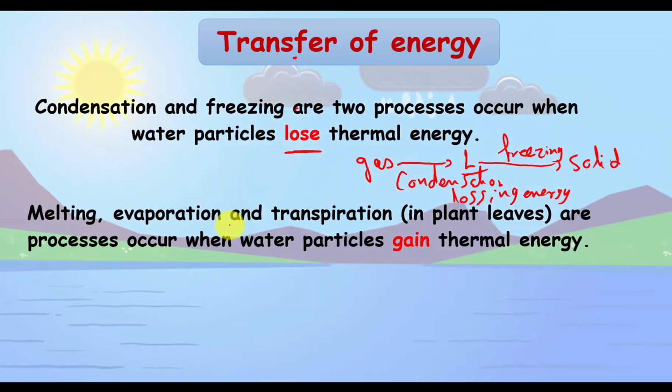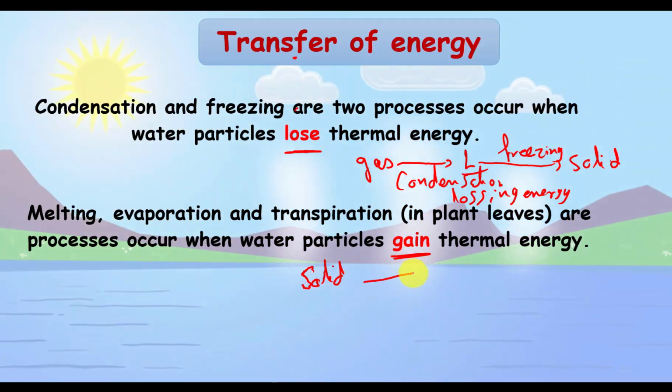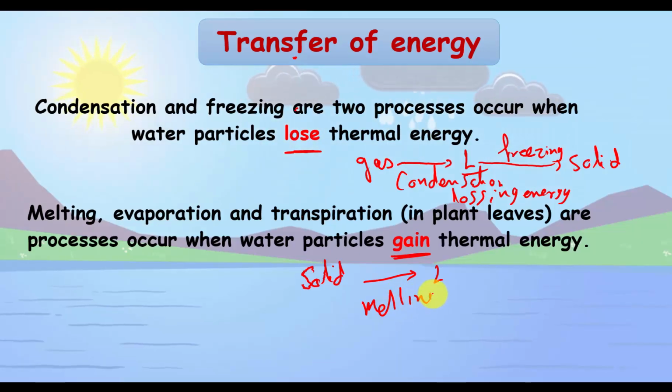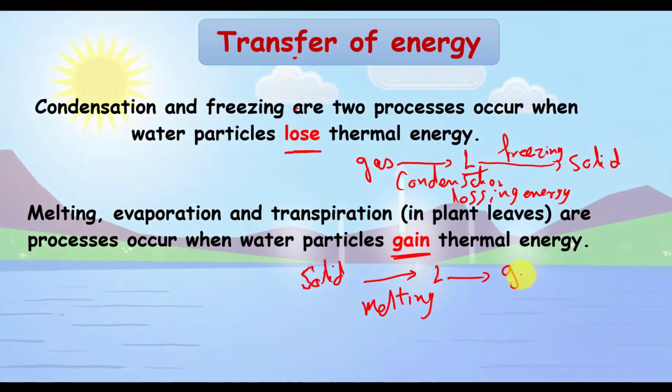Melting, evaporation and transpiration in the plant leaves are processes that occur when water particles gain energy. So melting means transferring solid into, yes, liquid. We call it melting. And also transferring liquid into gas, we call it evaporation.